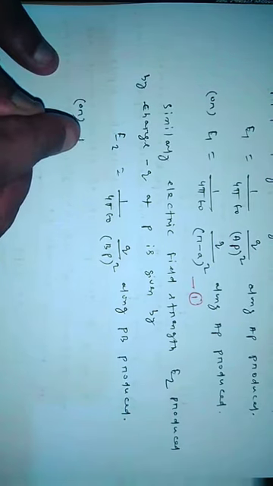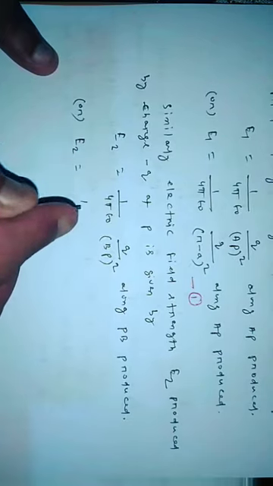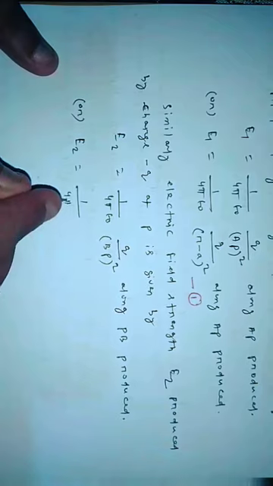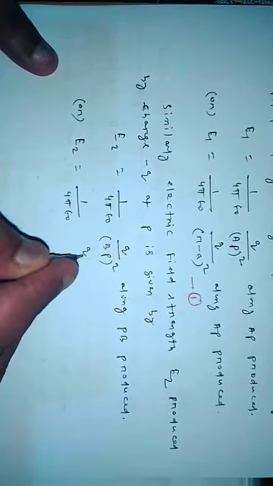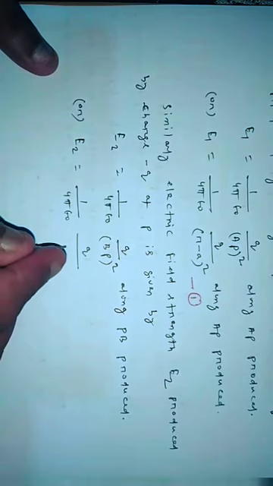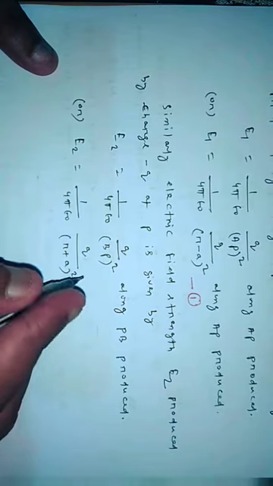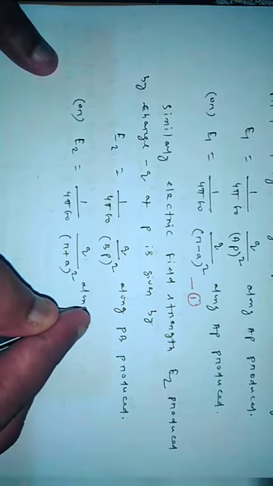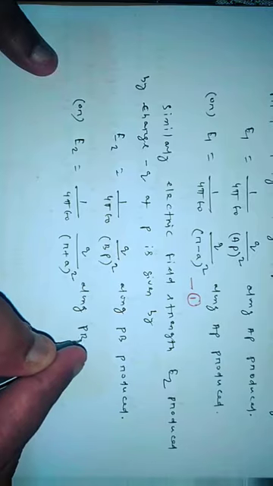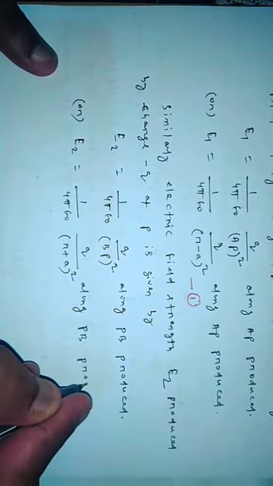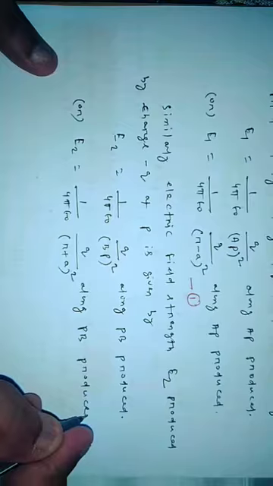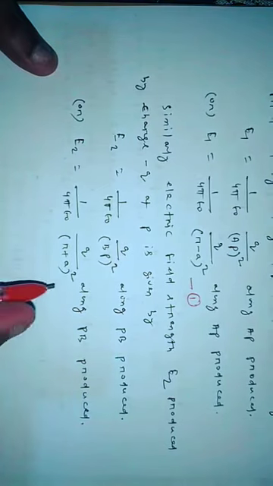Okay, or E2 equal to this, 1 by 4 pi epsilon 0 into q by R plus A whole square along PB produced. Okay, this is equation 2.